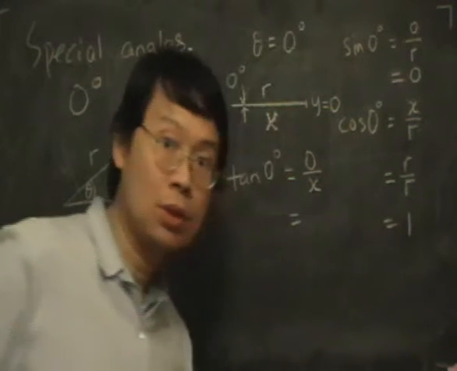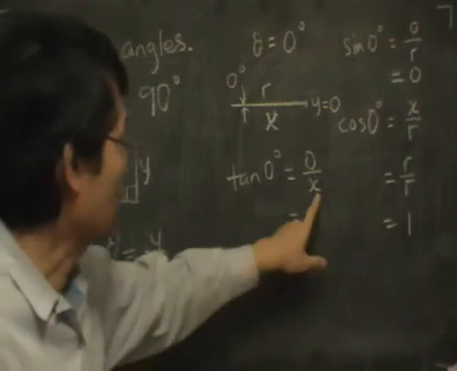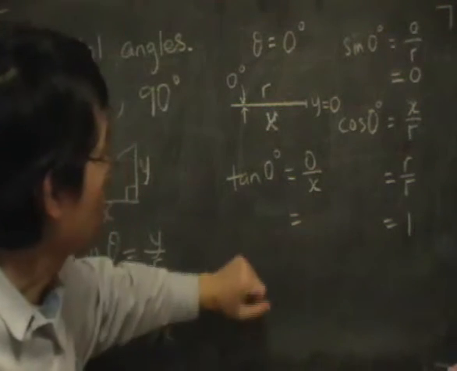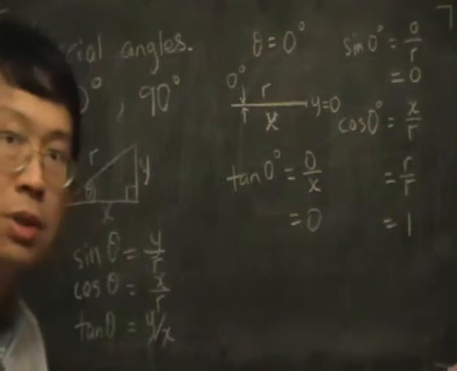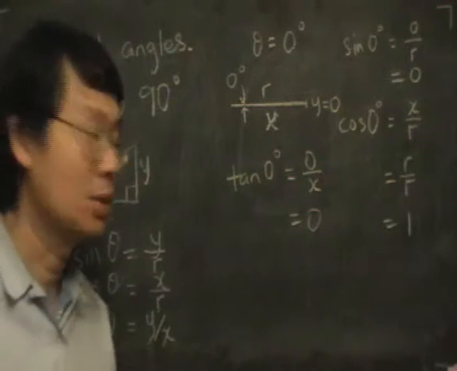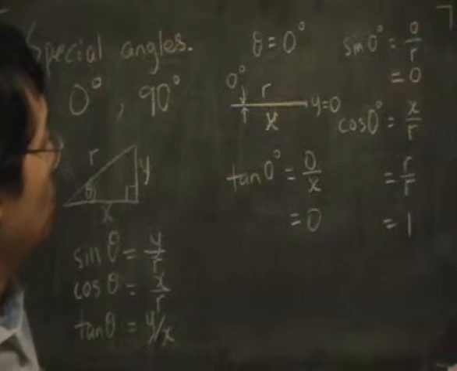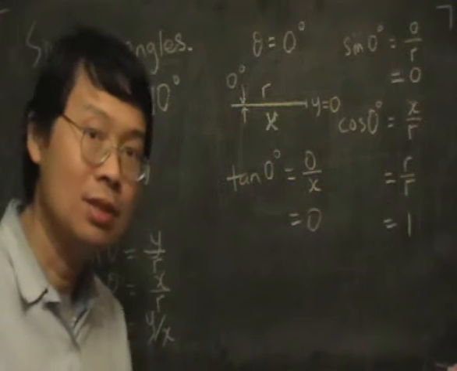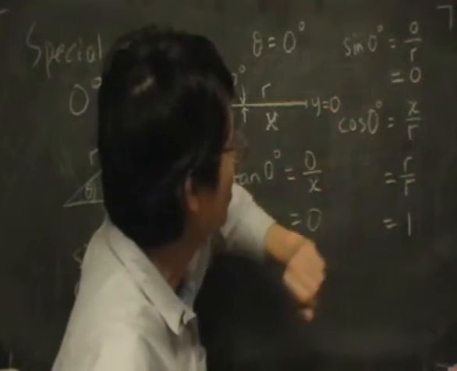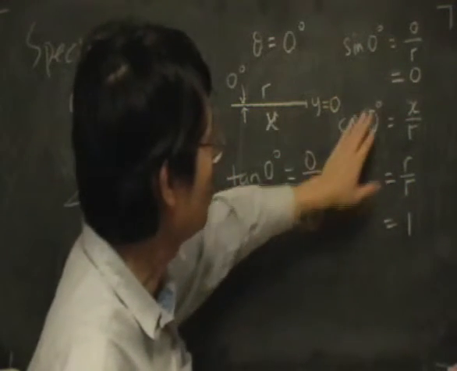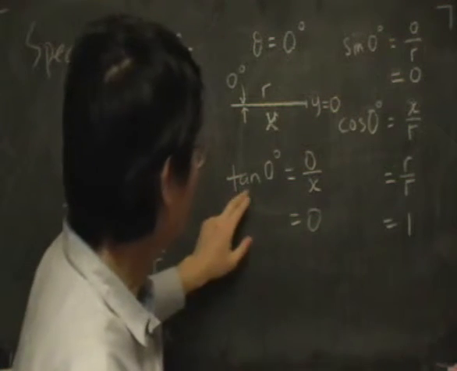And we know that 0 divided by any number, as long as that number is not 0, is 0. So tangent 0 degrees is 0. So we have very easily found the sine of 0 degrees is 0, cosine of 0 degrees is 1, and tangent of 0 degrees is 0.